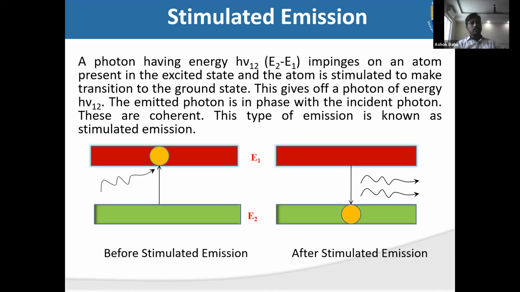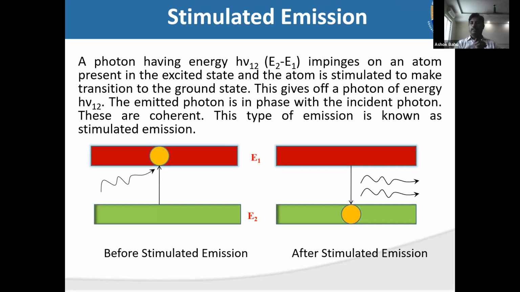In the stimulated emission, before completion of lifetime, the atom absorbs one more energy and is de-excited to the ground state energy level. A photon having energy h nu, on impingement on an atom present in the excited state, stimulates the atom to make a transition to the ground state, not voluntarily.